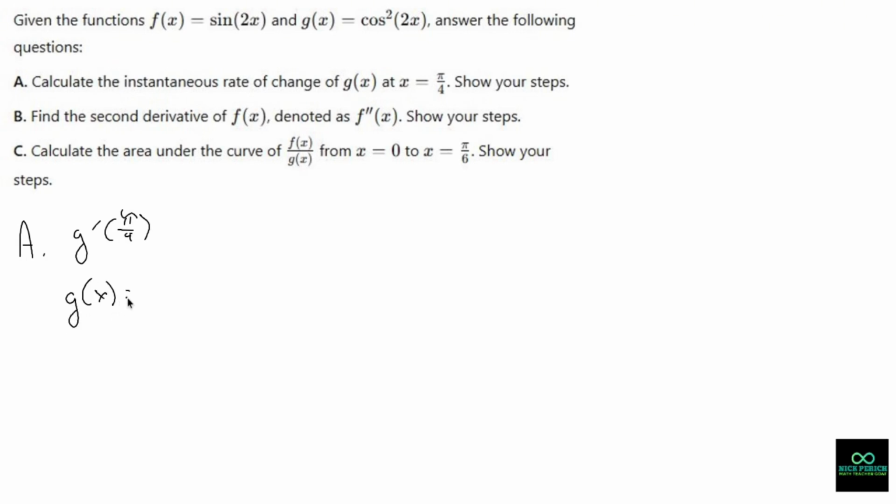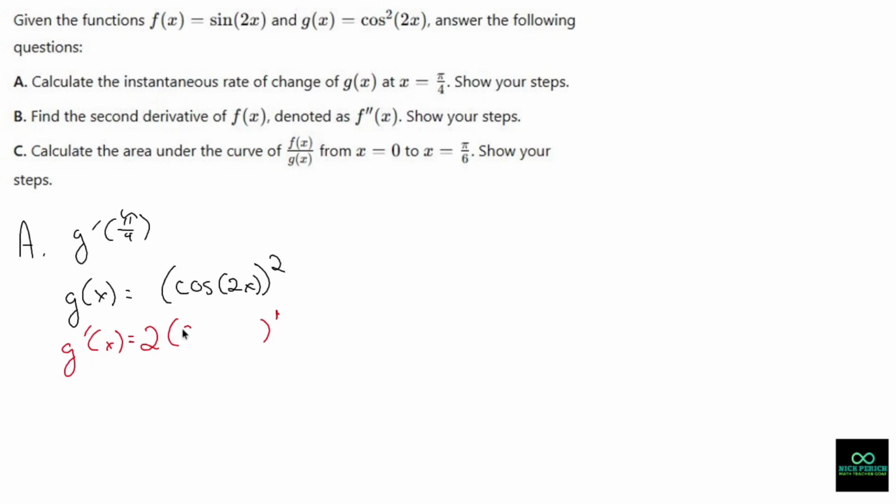I'm going to rewrite it like this because it helps me understand it better, because I'm going to be applying chain rule to this guy. So we have cos 2x squared. Now chain rule says that we take the derivative of the outside, which means we drop the 2 in front, make that an invisible 1, which we'll clean up in a bit. Obviously, we have got a lot going on here.